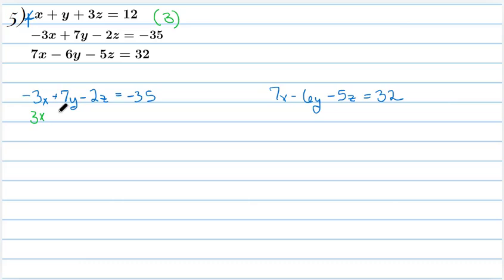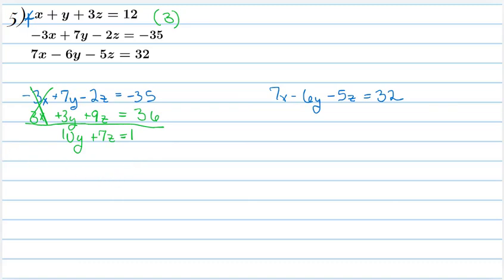Y times 3 is 3y. 3z times 3 is 9z. 12 times 3 is 36. When we do that, we're going to now add them, and your x's cancel out, which was our goal, and you end up with 10y plus 7z equals 1.